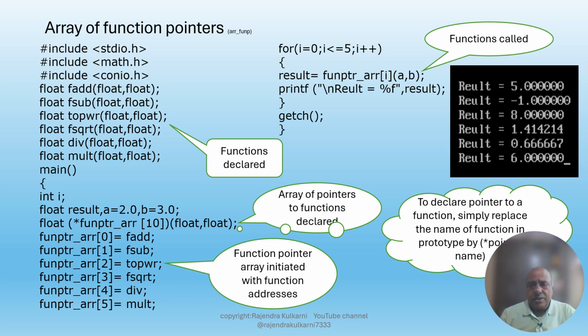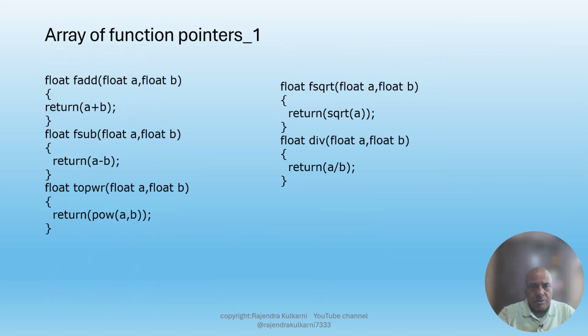When we declare a pointer to a function, what we do is we simply replace the name of the function in a prototype by a parenthesis in which the pointer's name is mentioned. These are the functions which we have assigned to the array.